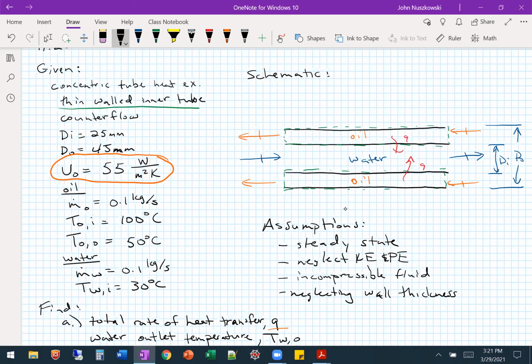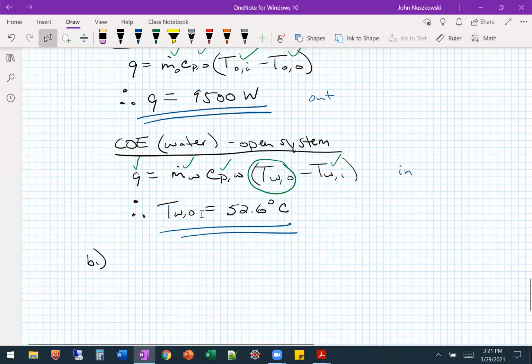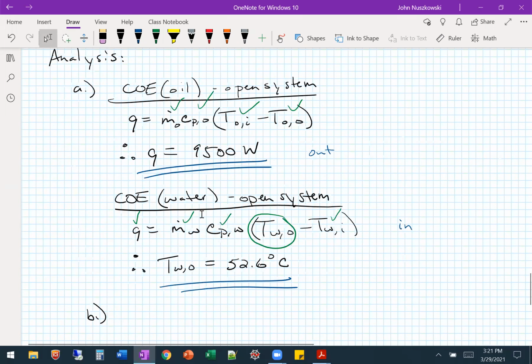The inner and outer diameter isn't this diameter that was given here. There's a wall here, but we're neglecting that thickness. We're just saying it's just this. So we have that overall convection coefficient, and we don't have to go through those steps of the thermal circuit.